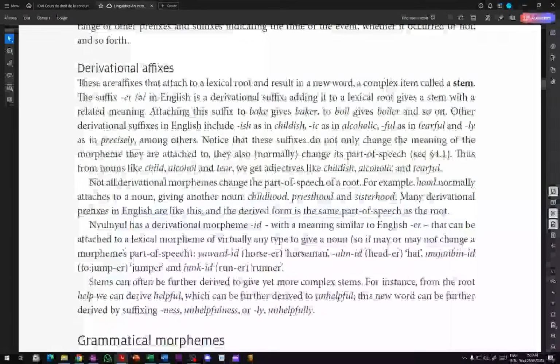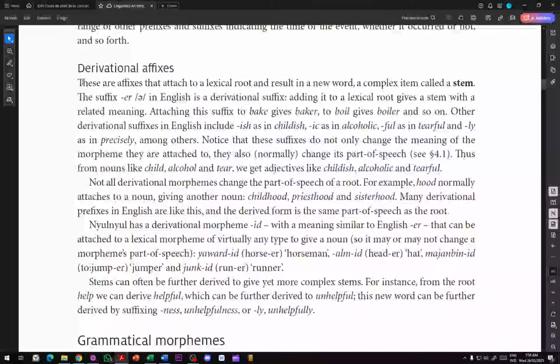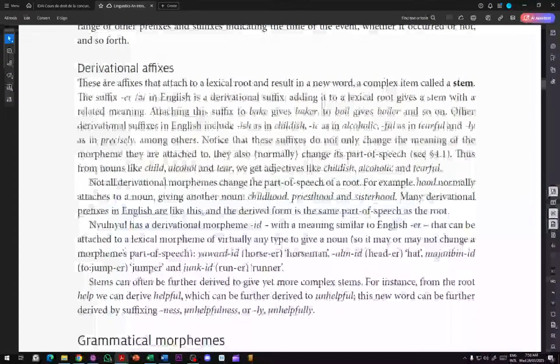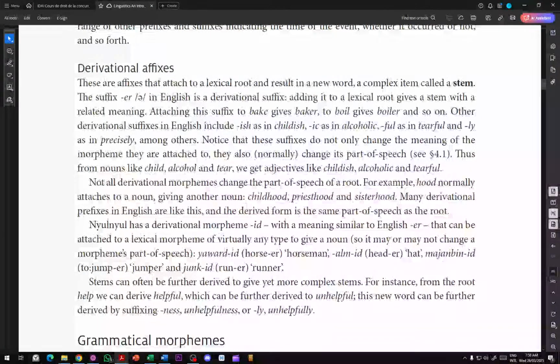Derivational affixes. These are affixes that attach to a lexical root and result in a new word, a complex item called a stem. What's the difference between a derivational affix and a normal affix?